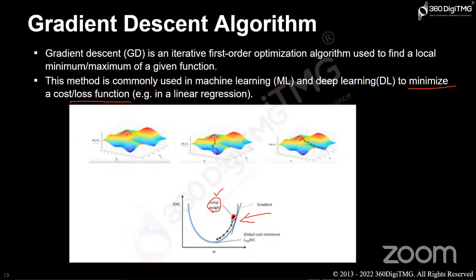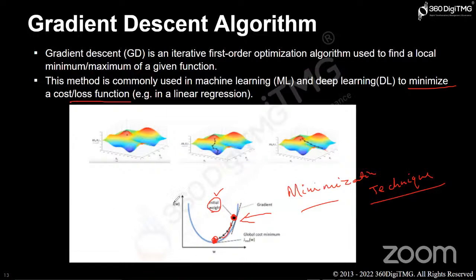Basically it will always try to find a minimum value. This is a minimization technique.